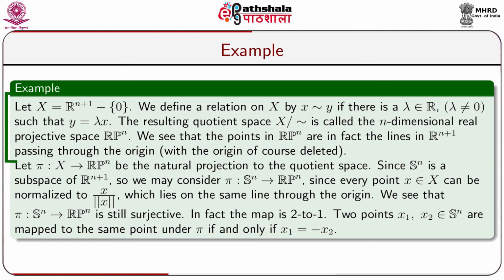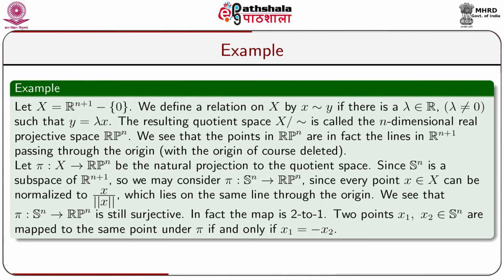Now we consider an equivalence relation on this space by defining that x is related to y if and only if x equals ry for some nonzero real number r. Then the corresponding equivalence classes are lines passing through the origin.